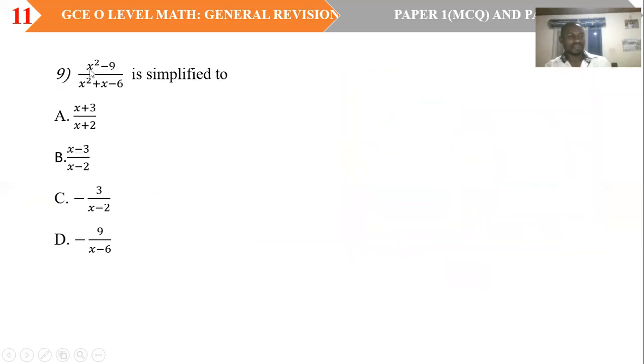Question 9. x squared minus 9 over x squared plus x minus 6 is simplified to, now we know that x squared minus 9 can be written as x squared minus 3 squared, which is a difference of 2 squares. And this difference of 2 squares has a special way of factorizing it, giving x minus 3 into x plus 3.